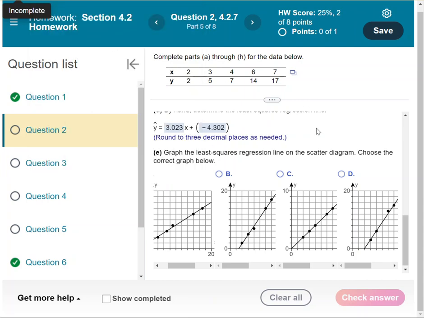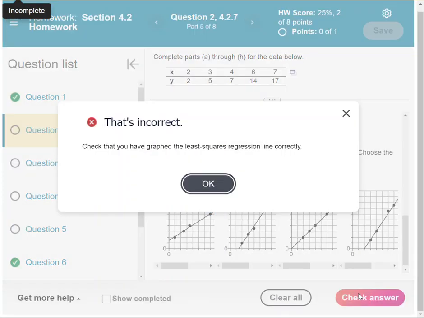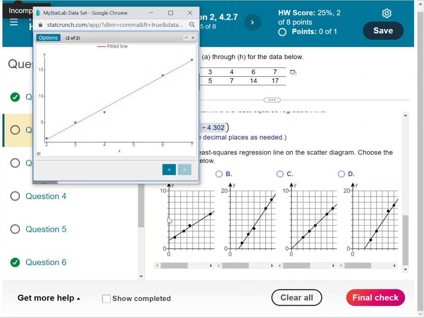Alright, so that definitely looks like the one, so that's A. Well, maybe I guessed wrong there. Let's see. I thought it was that one, but again, those scales can mess you up sometimes. So I thought it was this one here, but you can see this point's above the line, so I think that was the problem.